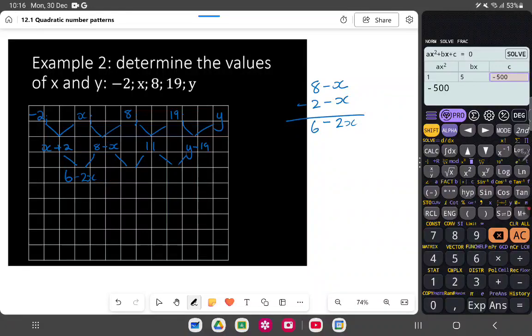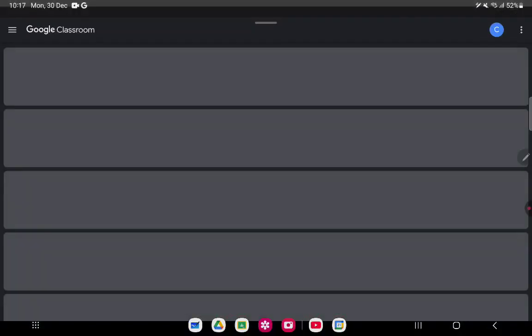Second one, 11 minus 8 is going to be 3 minus x, and minus minus becomes plus, so 3 plus x, because the sign changes.